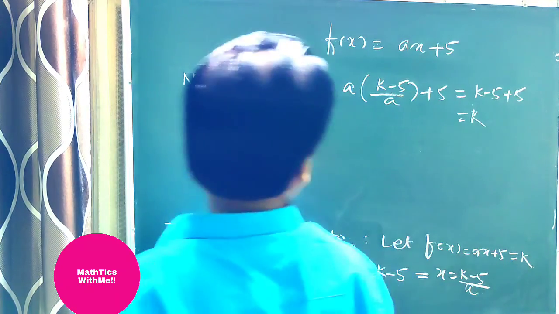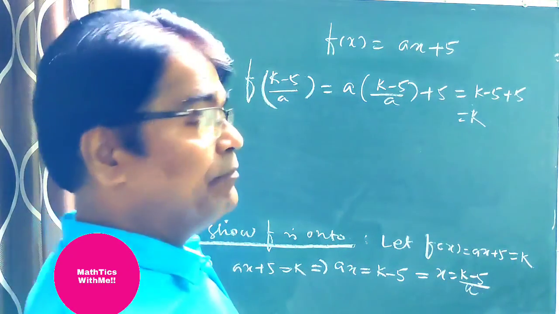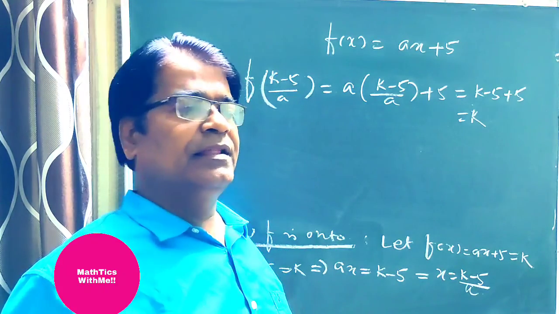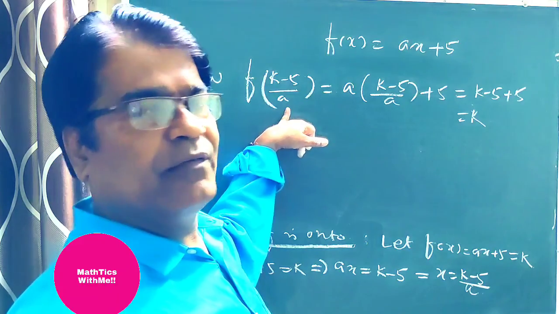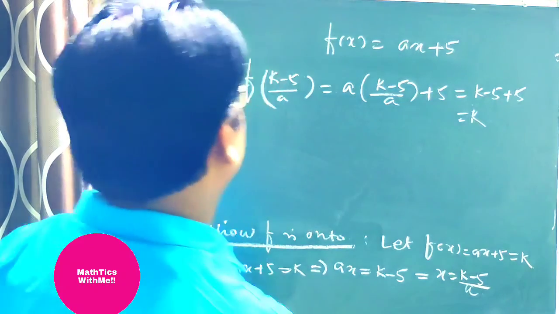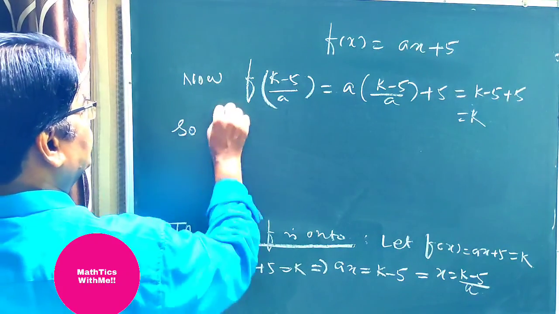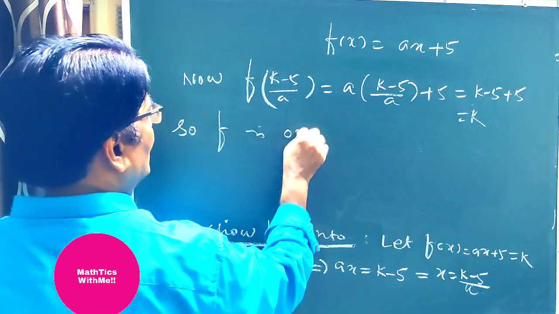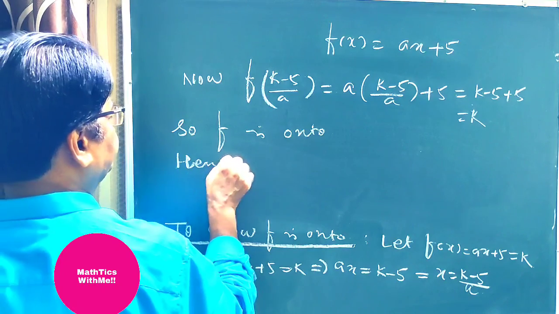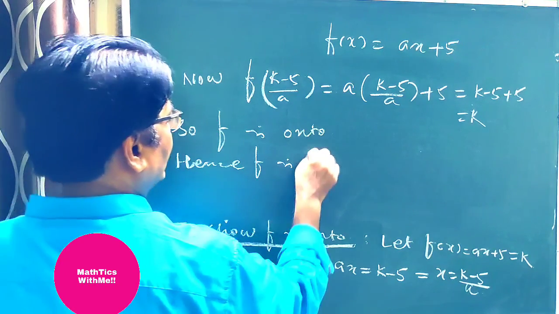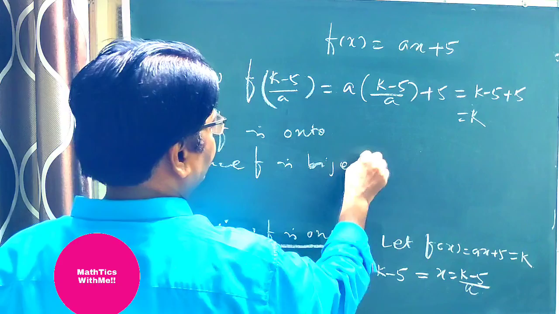This shows that for k belongs to range R, there exists an element (k minus 5) by a belongs to domain R under the function f. So f is onto, hence f is bijective.